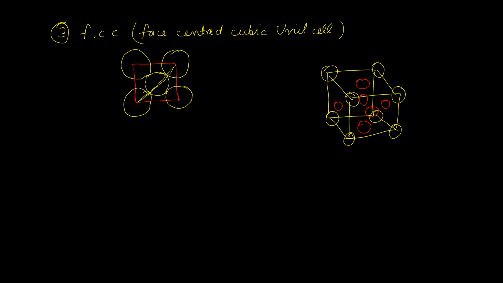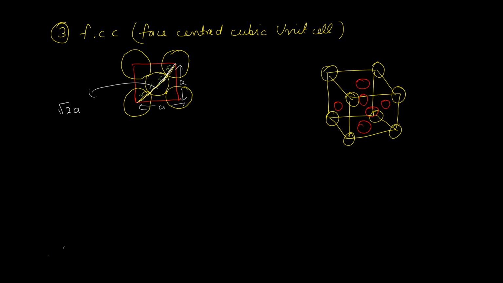Now this diagonal, this is face diagonal, and if this distance is a and this is also a, so this face diagonal comes out to be root 2 a. Now if you consider the radius, then here how many radii will lie? The first one, this one, then from this to this, then another, then another.